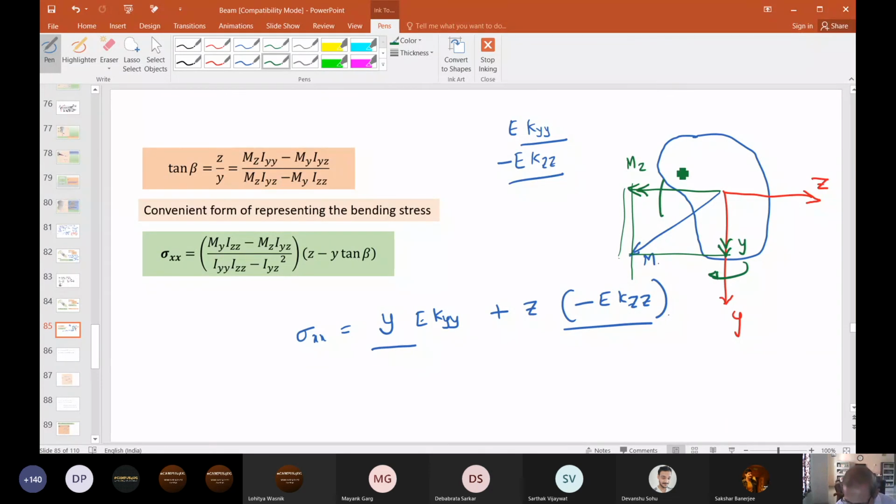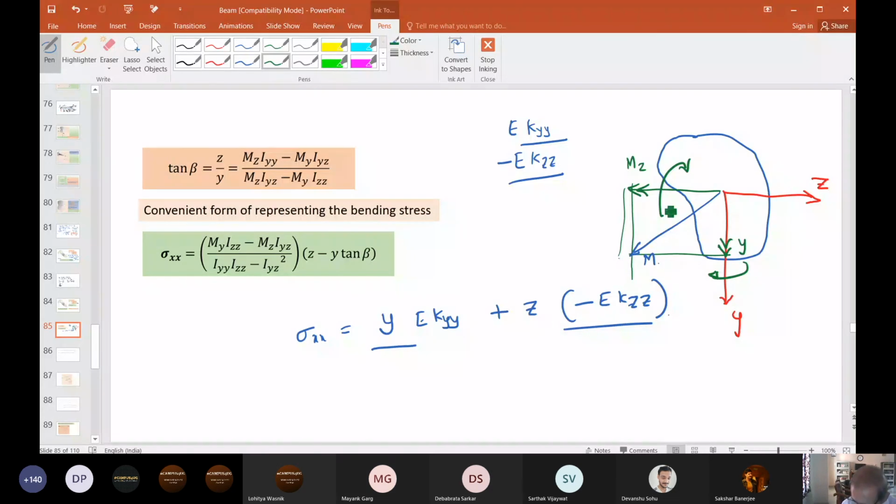it will be bending like this. It will bend about both the axes. The sum of both is actually the bending plane. That's why the neutral axis is inclined. You follow? Yes, sir.